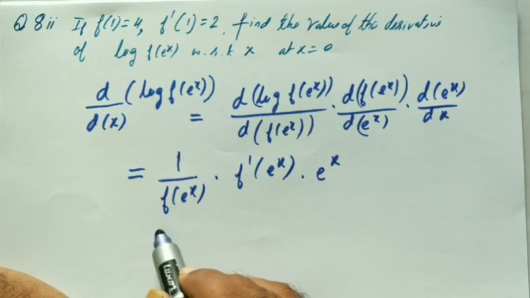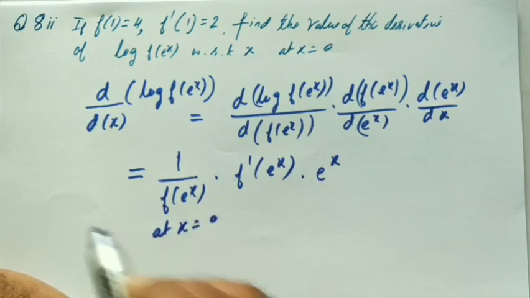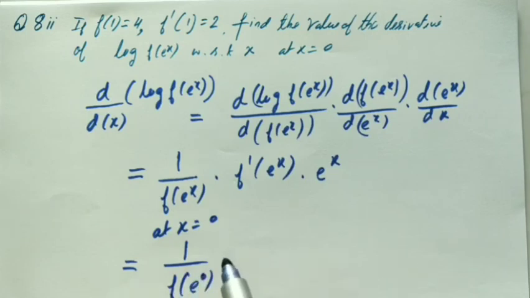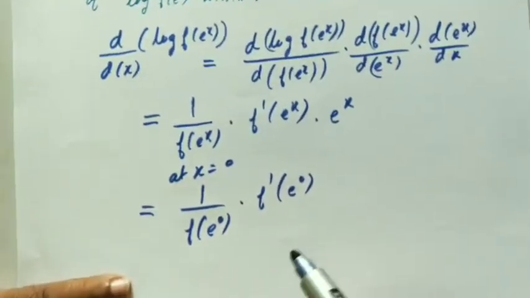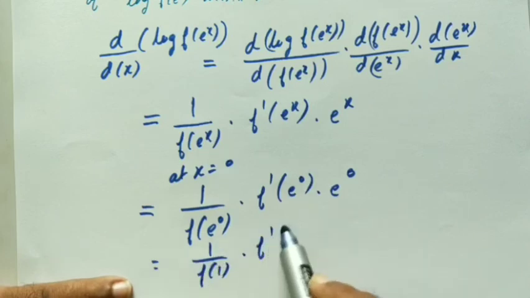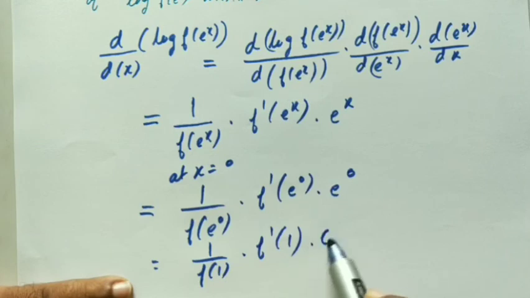Now at x is equal to 0, (1 by f(e to the power 0)), f dash e to the power 0 and e to the power 0. This is 1 by f(1), f dash 1 and this is of course 1.